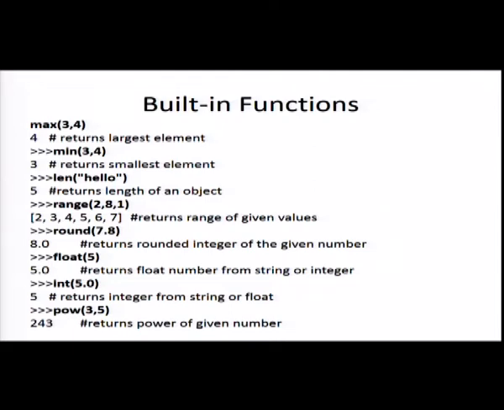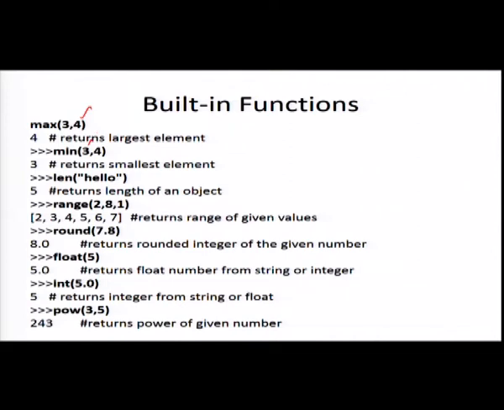One is max of 3, 4, which will determine the maximum value. If I say max of some values, the maximum value here is 4, so it will return 4. If I say min of 3, 4, the minimum value is 3, so it will return 3.